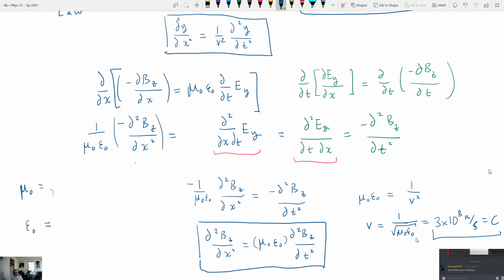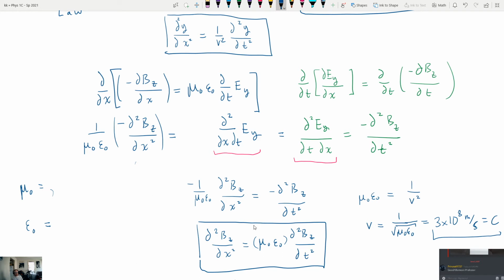And so it kind of makes sense in a way that the speed of light has something to do with that, especially because if light is something that's related to electric and magnetic fields that are basically oscillating through space and time, then the speed that it can propagate at is going to be dependent upon how much space resists your attempt to put one of these fields into place.